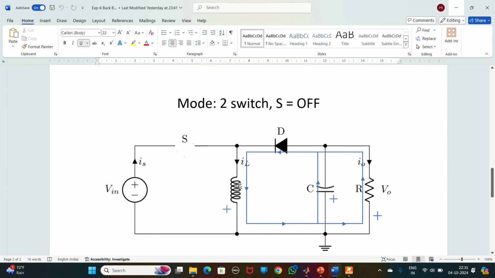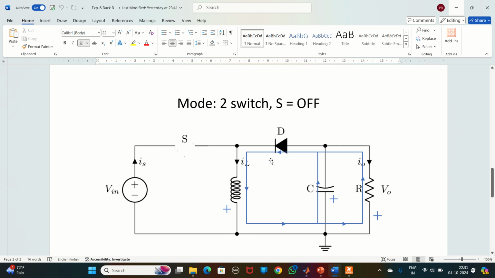That is inductor, then capacitor, and then diode. The diode will come into forward bias mode, because now here it is plus and here it is minus. So when here it is minus, automatically this comes into forward bias mode.